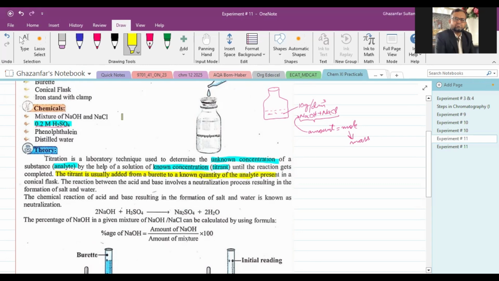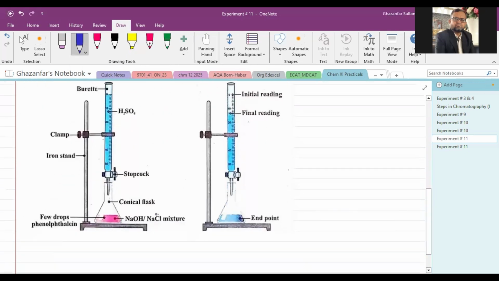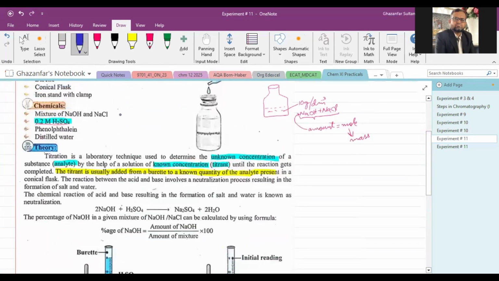Quantity here means volume, because in titration we take a specific quantity of analyte. So we take 10 ml, or 10 centimeter cube, of sodium hydroxide analyte solution, and this analyte is the mixture of sodium hydroxide and sodium chloride. So we will see in the procedure right now.